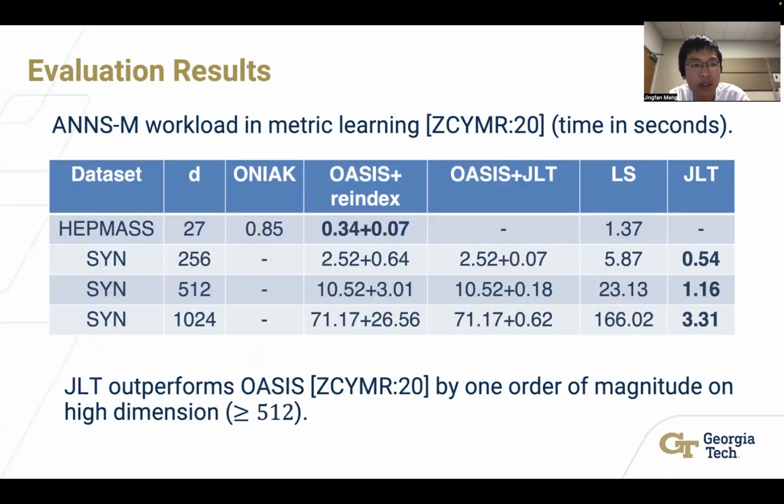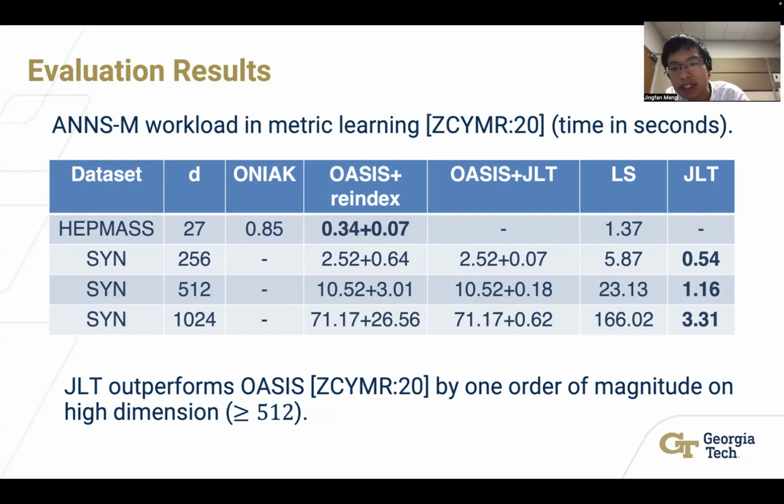So now let's go to the results. Our first experiment is on metric learning, Mahalanobis searching. We have 4 data sets of increasing dimension. One is a real one, and the other 3 are synthetic high dimensional data sets. We have evaluated ONIAC, our LSH solution, JLT, our second solution, LS, which is linear scan, and OASIS, the solution in this 2020 work.